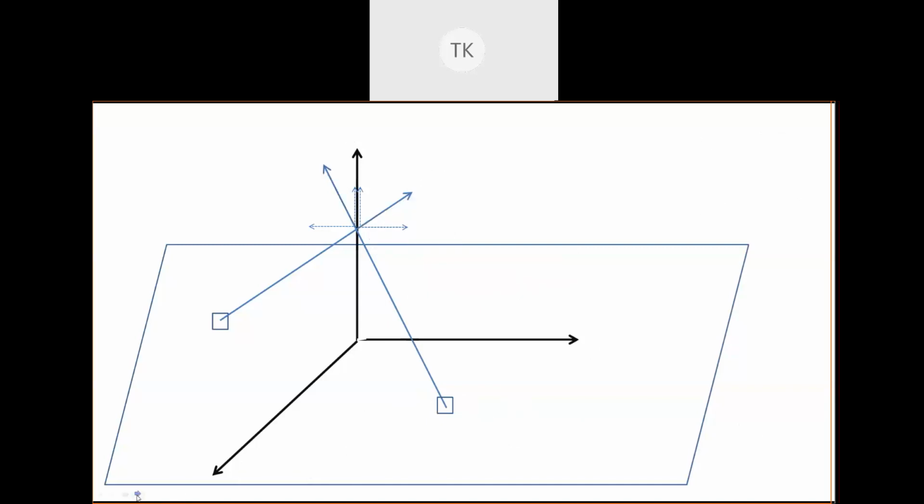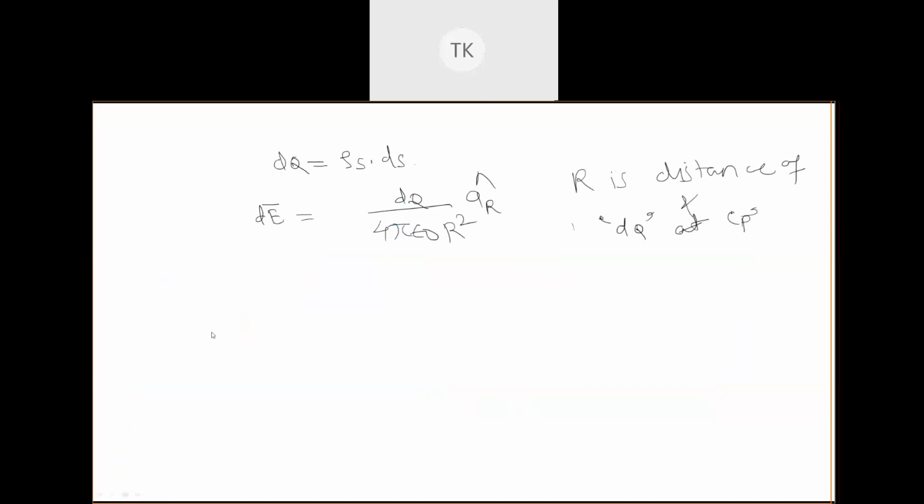So I will change this slide. Okay, so calculate the unit vector ar. First we need to write down r bar, which we have calculated right now: minus rho a rho plus z az cap. So what will be ar cap?